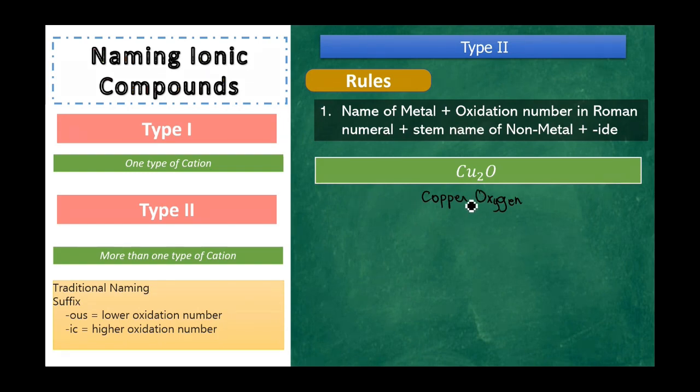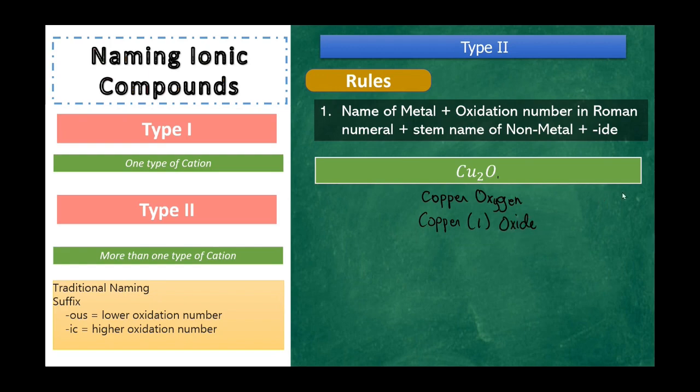So what is the oxidation number of copper? We have here 1 when you crisscross it.